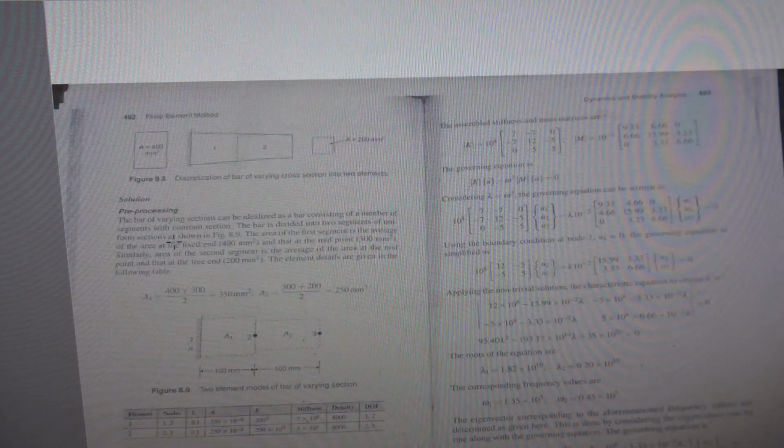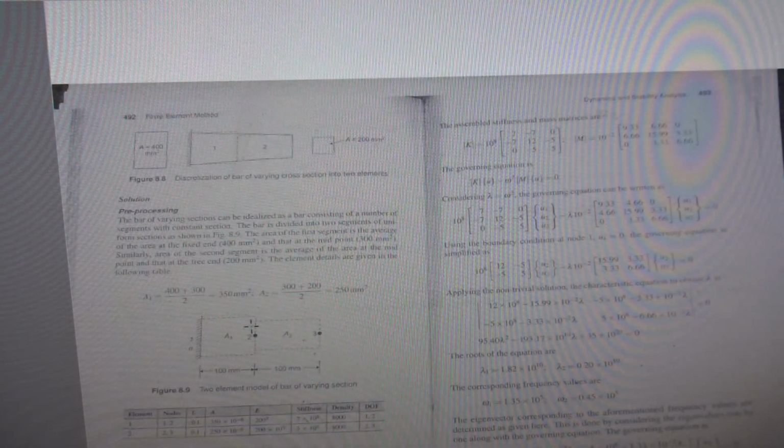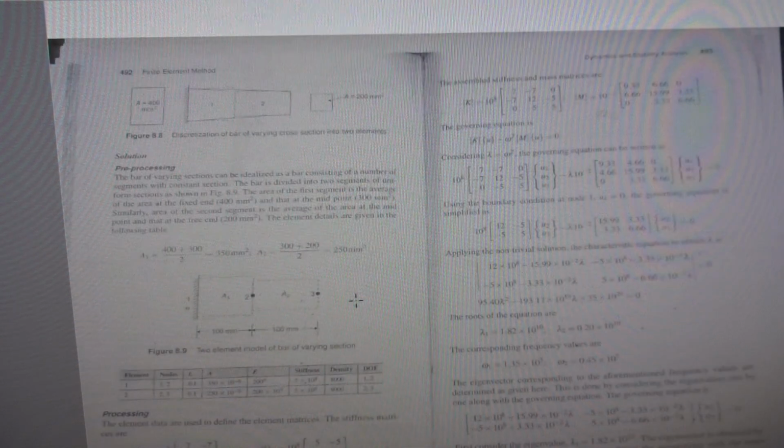At this length, area becomes 300 mm square. At this point, area becomes 200 mm square. So average area is (400 plus 300) by 2, 350 mm square, and this one is 250 mm square.